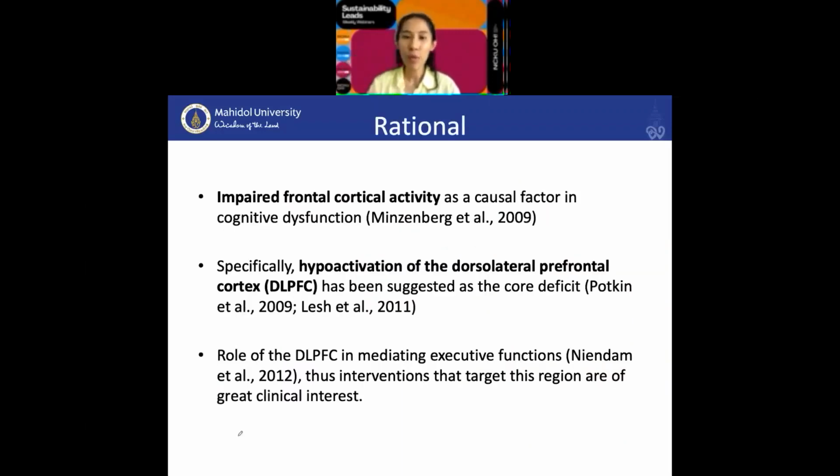For the rationale, as some of you may know already, there is impaired frontal cortical activity in people who have cognitive impairment. That's why we use tDCS, because we can apply it, for example, over the LPFC in people who have problems with cognitive functions.